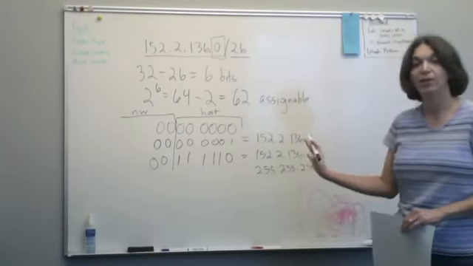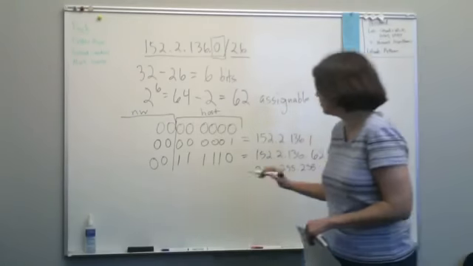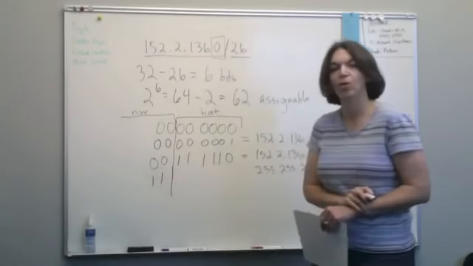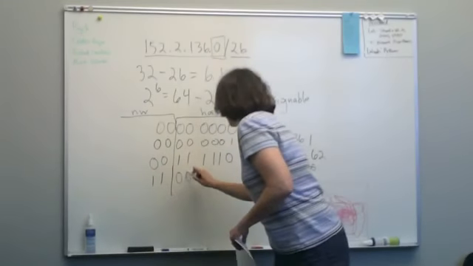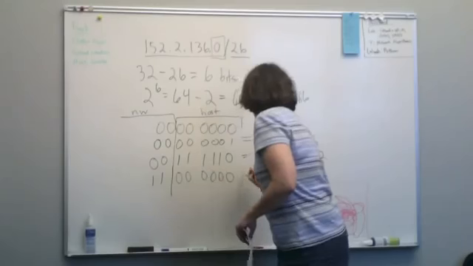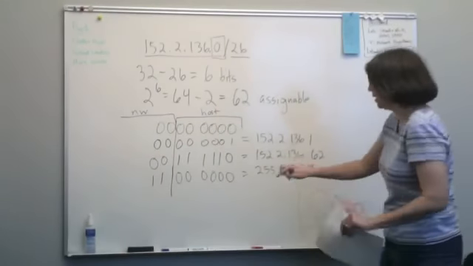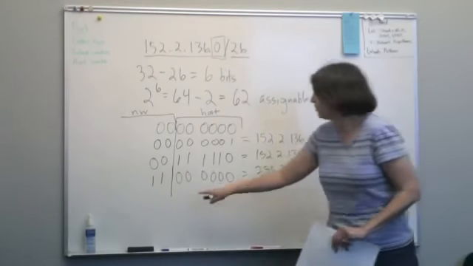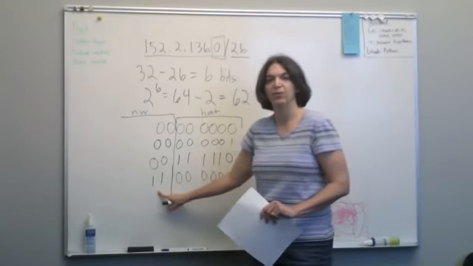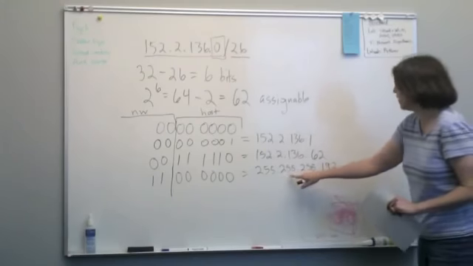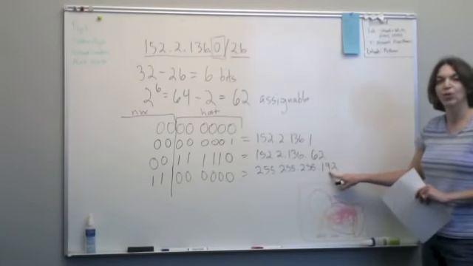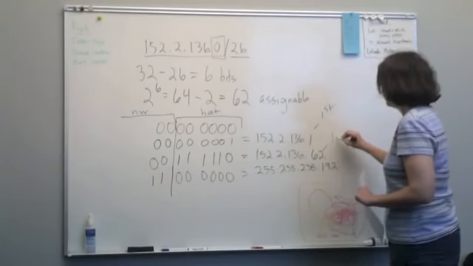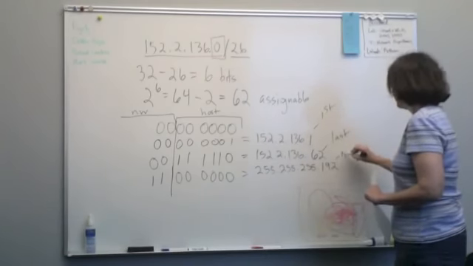Now we need to figure out what the last octet is going to be. For the net mask, the network parts are 1s and the host parts are 0s. So this is 192, 128 plus 64. So 255.255.255.192 is the net mask. So this is the first assignable, this is the last assignable, and this is the net mask.